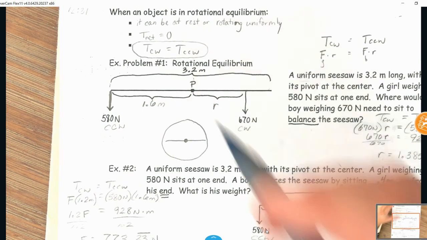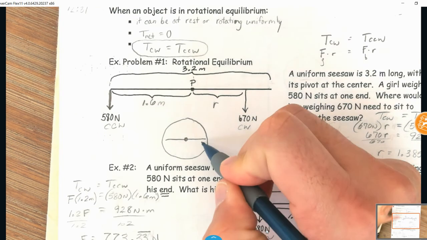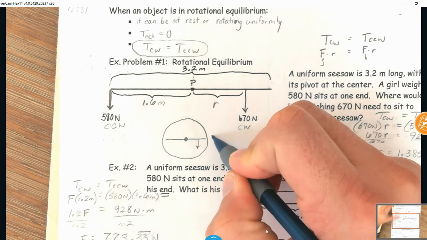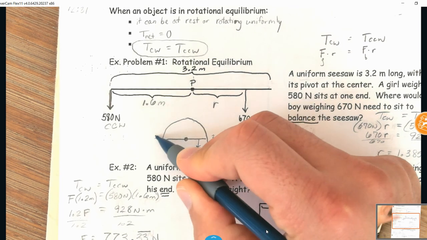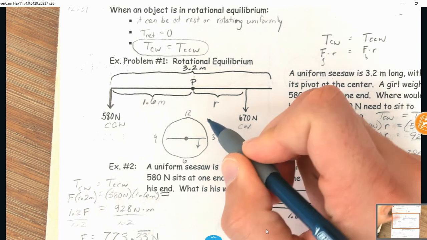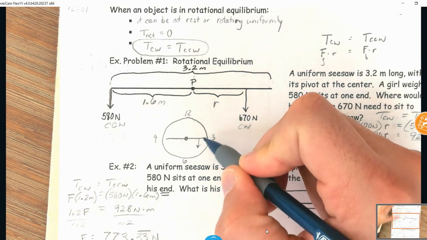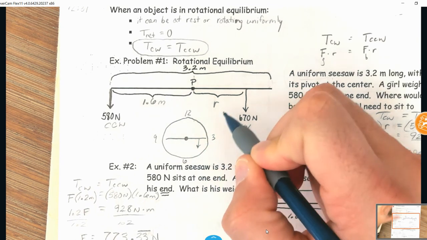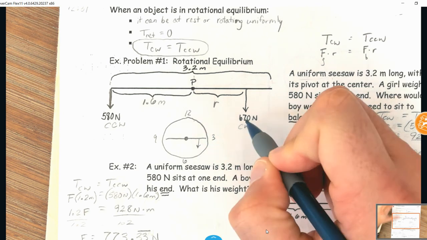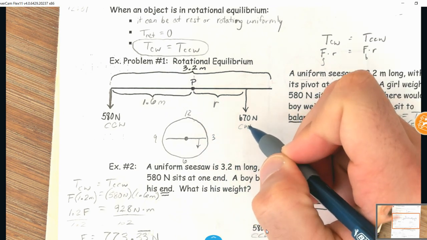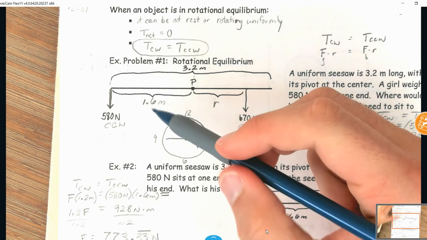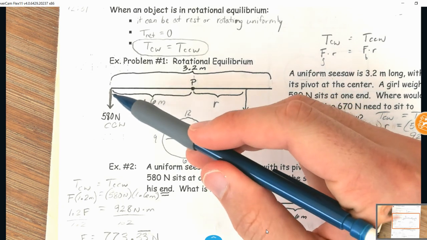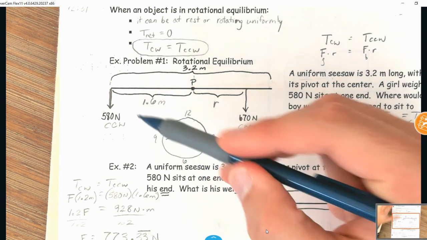So if that pivot point's in the center and the boy's force is downward, right? If this is 3, 6, 9, 12, pushing this hand downward would be pushing the clock in the correct way. So that is your clockwise torque being provided. And then the weight over here would be pointing downward.